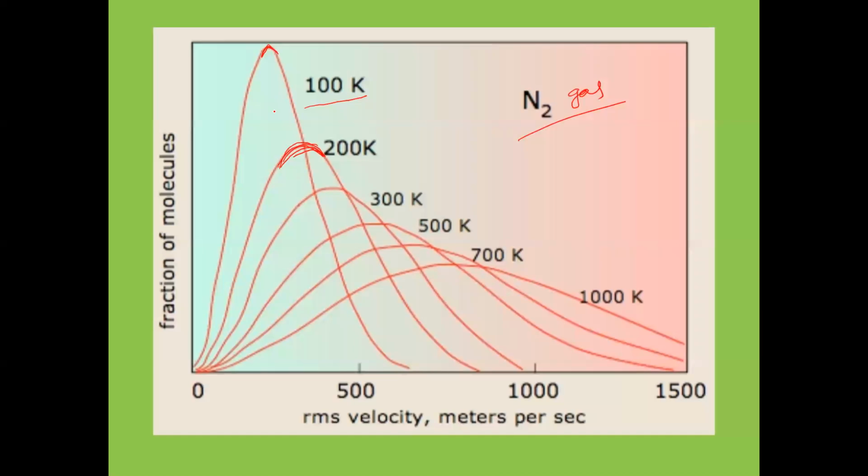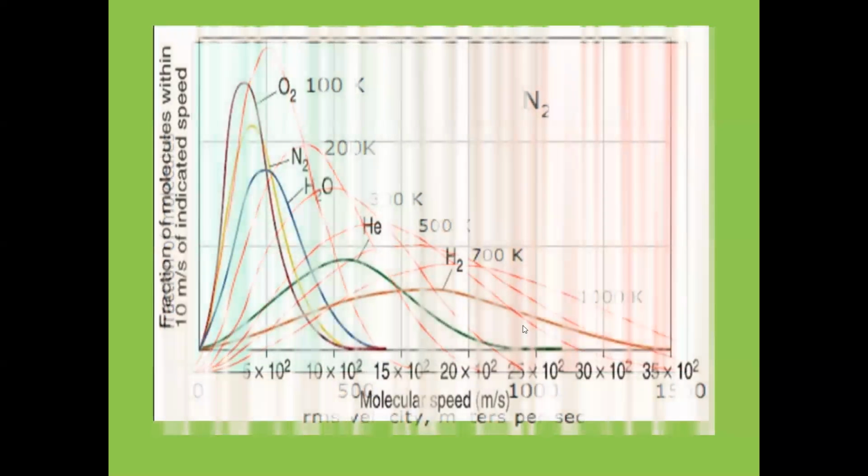So keep this point in mind. In the examination, temperatures T1, T2, T3, T4, T5, T6 will be given, and they ask which is the highest temperature. The curve with the flattest, broadest peak will be at the highest temperature.